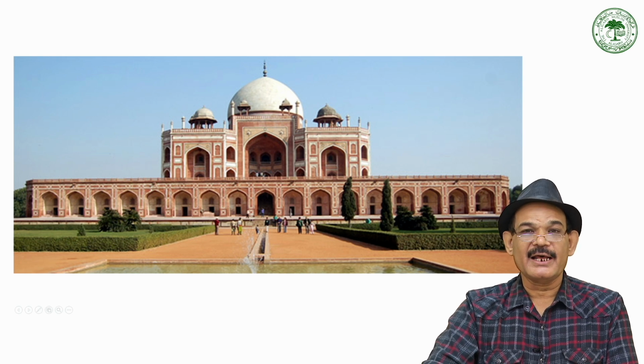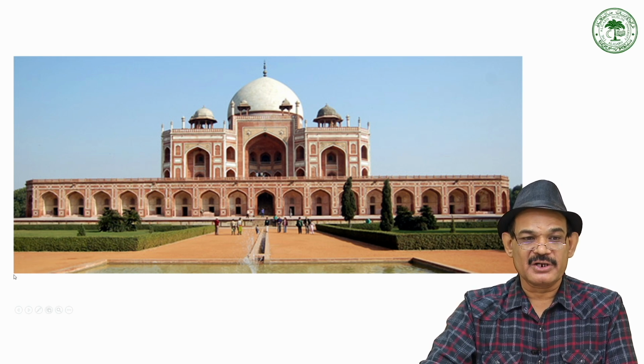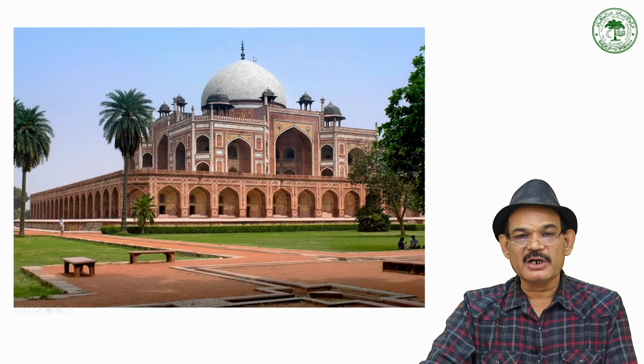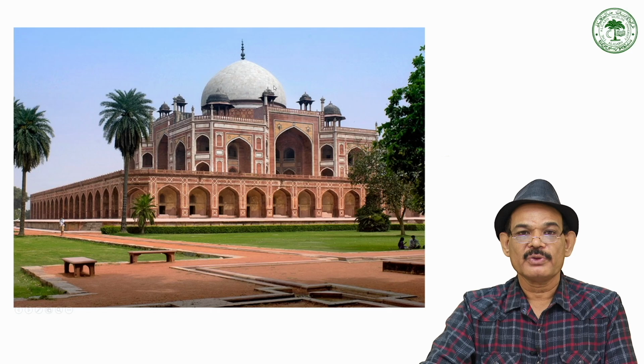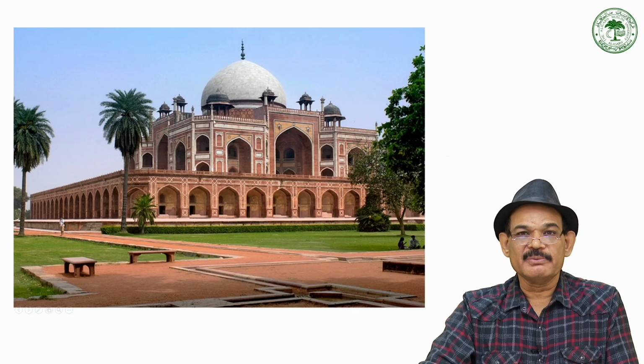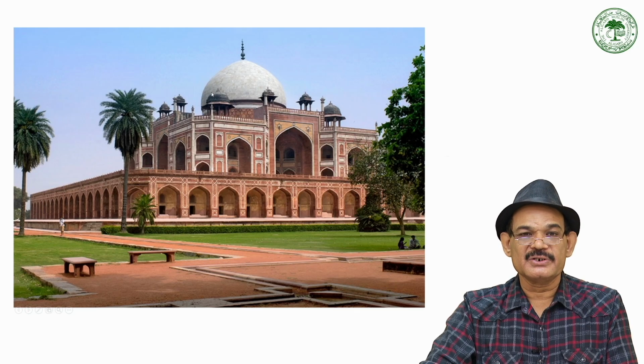Now the question arises, since the central portion is surmounted by a huge dome, just to break the monotony of this dome, the double-story corner chambers are surmounted by a domed octagonal pillared pavilion.